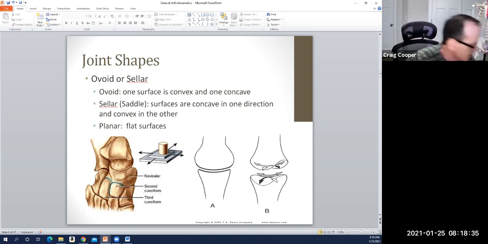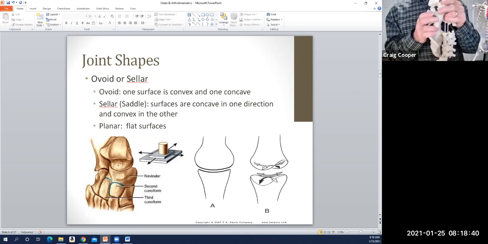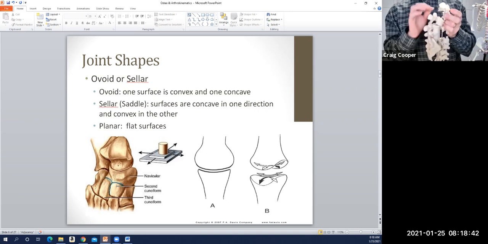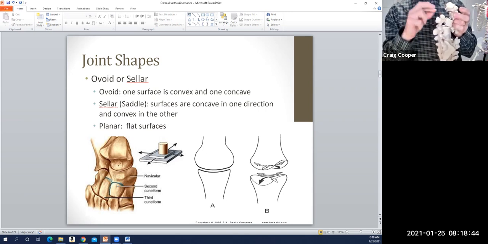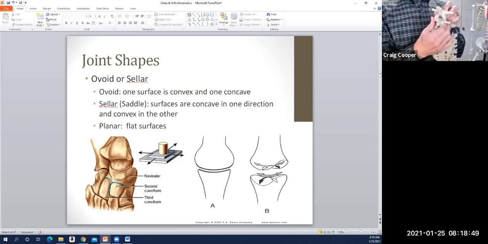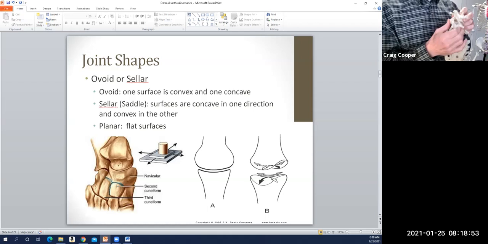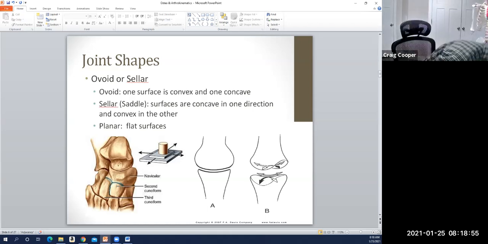If we look at something like the vertebrae, now we just have mostly plane joints that we're talking about. And mostly what you're mobilizing are the facet joints themselves. We're trying to glide those surfaces relative to one another and help improve that gliding motion. And we do have to understand with the spine how the facet orientation changes from the cervical spine to the thoracic spine to the lumbar spine.